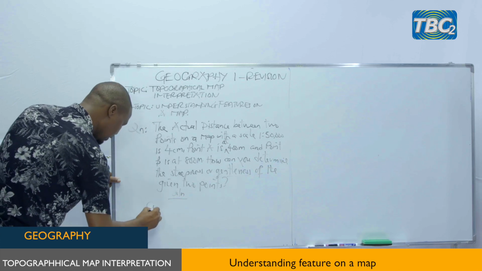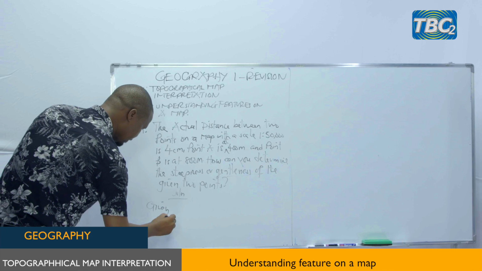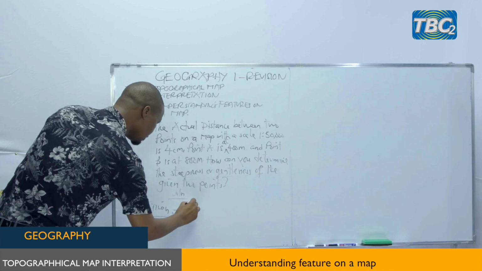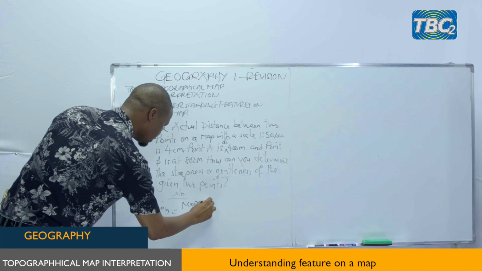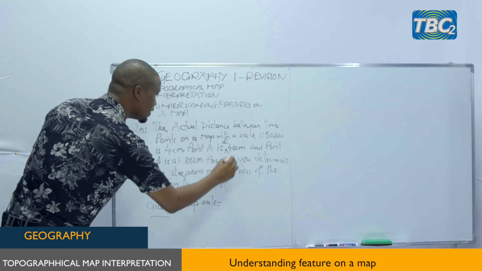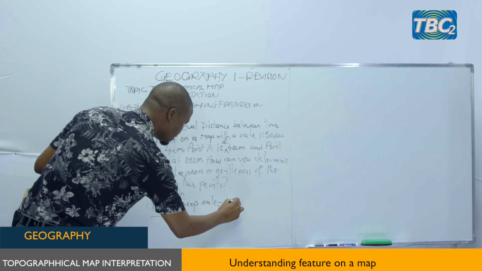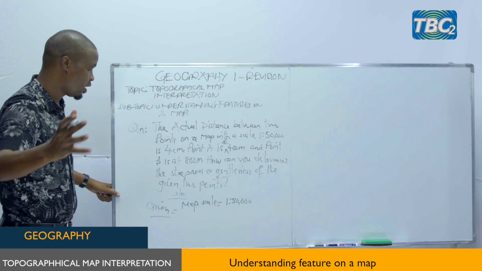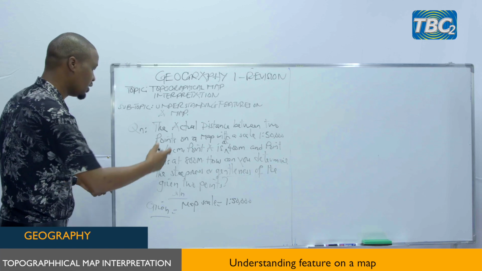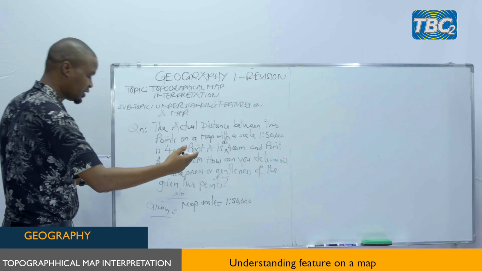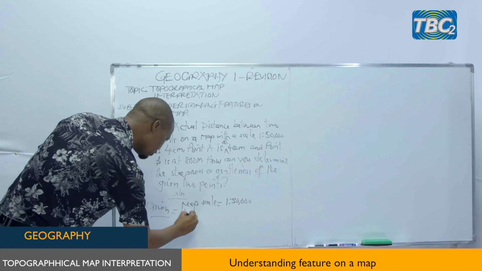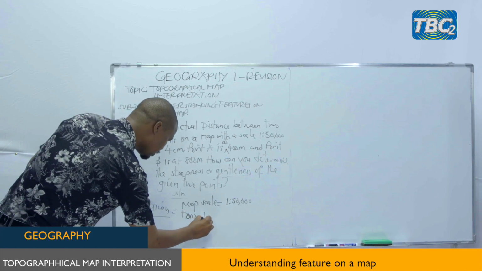The givens: we have the map scale, which is equal to 1:50,000. I'm sure we are together. Then we have the actual distance on the map, which is the horizontal equivalent.